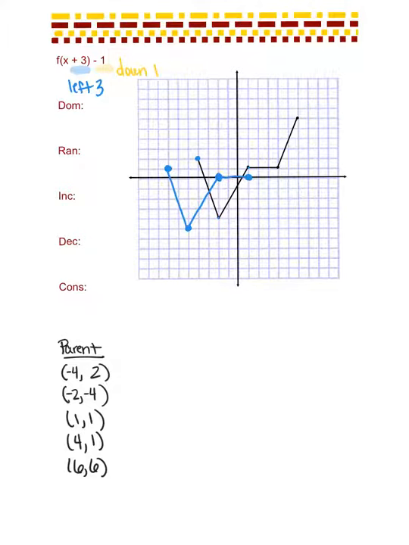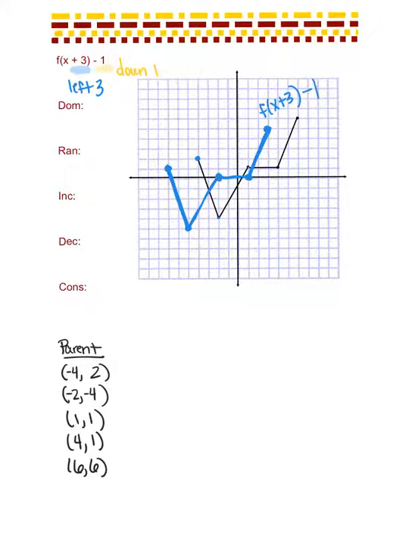And then the last one, left 3 and down 1. So this is my final graph right here. I'm just outlining it in the blue. So that would be the graph of f of x plus 3 minus 1.